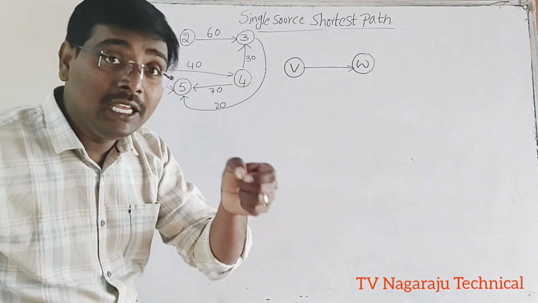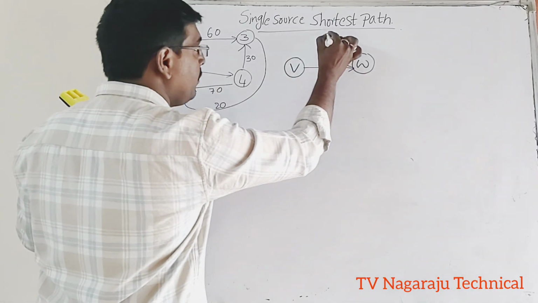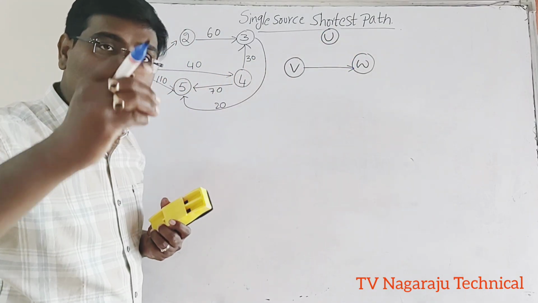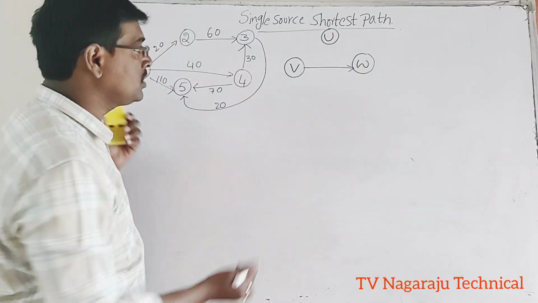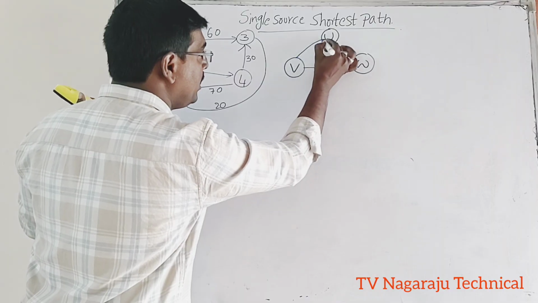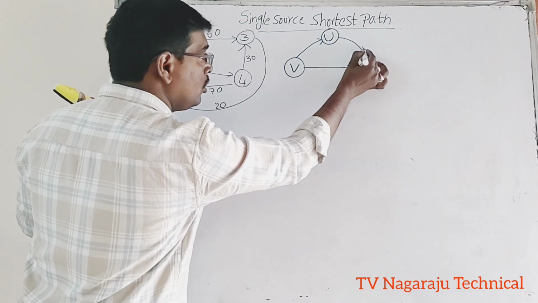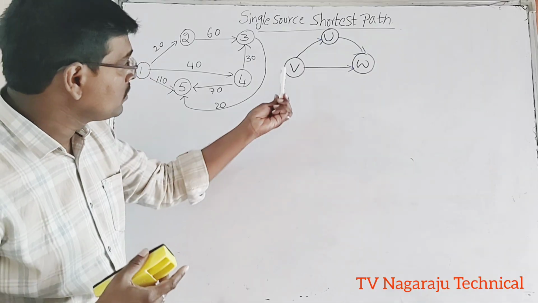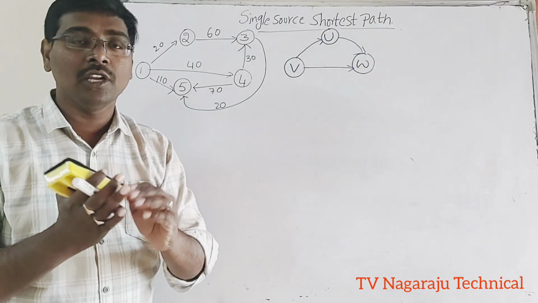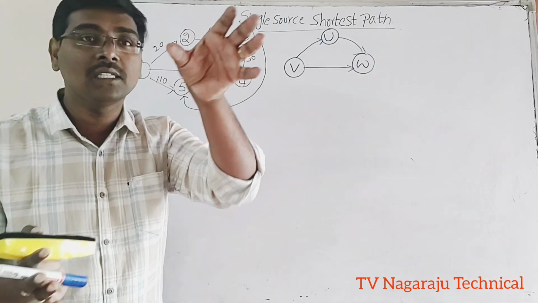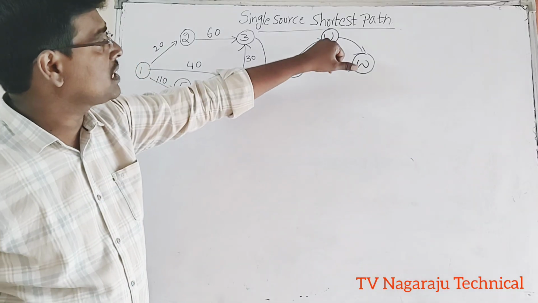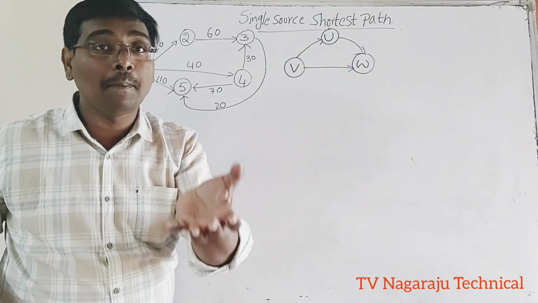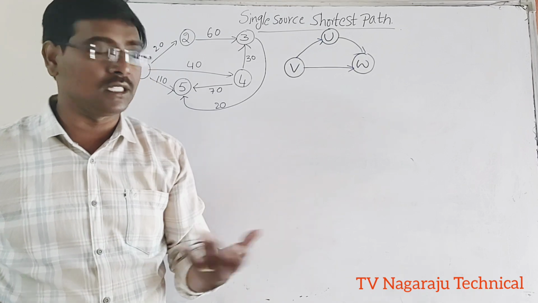Or, for reaching W, if you have any intermediate nodes, you can move V to U and U to W. The aim is from source to destination. If you have multiple paths with some intermediates, you need to identify the path with the shortest distance.